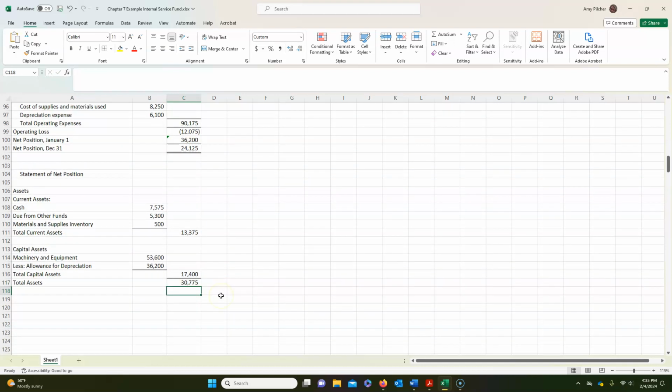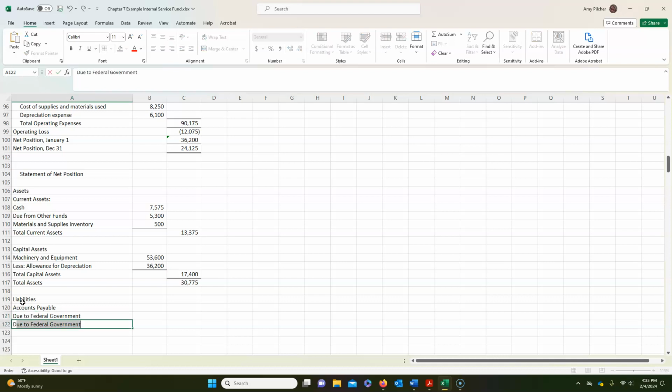of $30,775. We then have our liabilities, which are accounts payable, what we owe to the federal government for taxes, and what is due to other funds, which is like the remaining of that utilities bill.